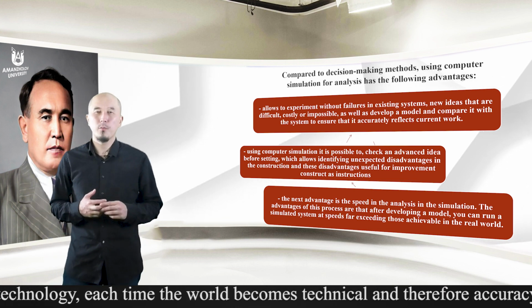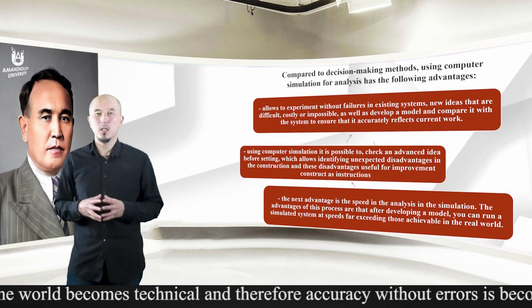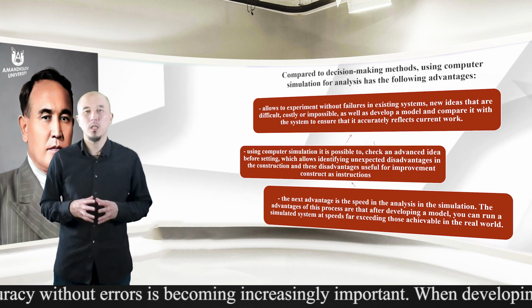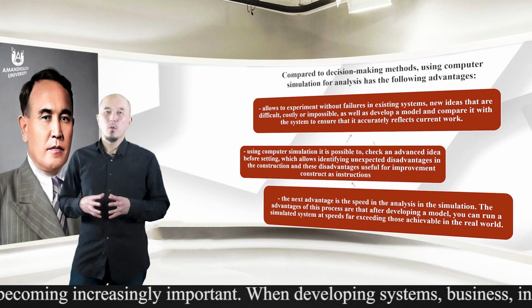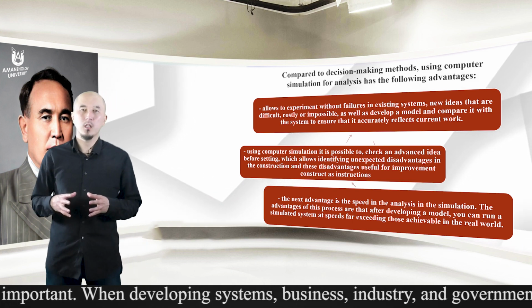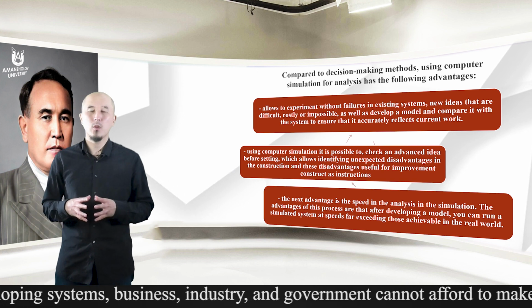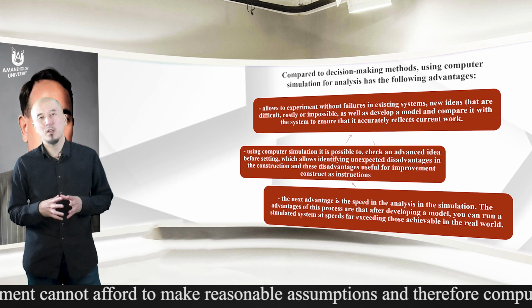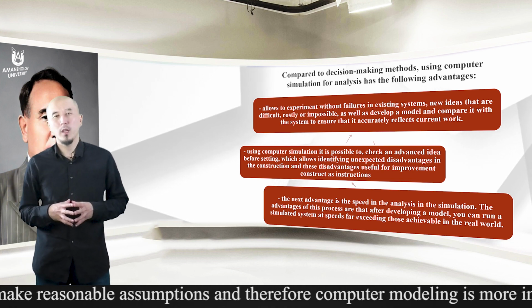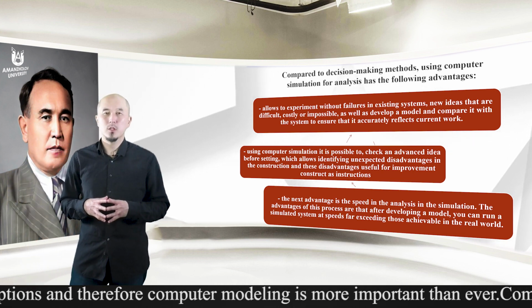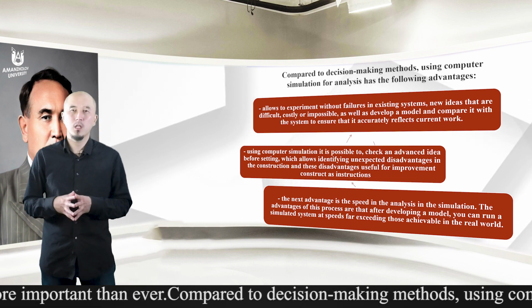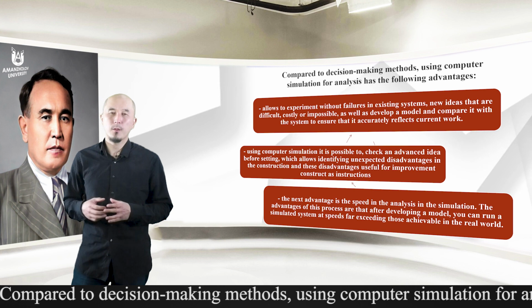Due to the development of techniques and technology, the world becomes more technical, and accuracy without errors is becoming increasingly important. When developing systems, business, industry, and the government cannot afford to make unreasonable assumptions, and computer modeling is more important than ever.